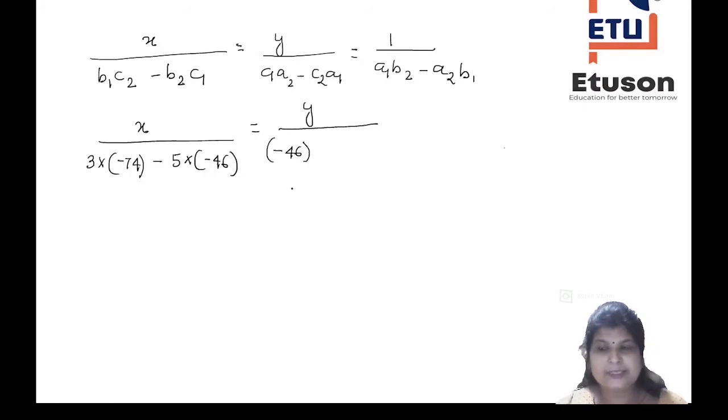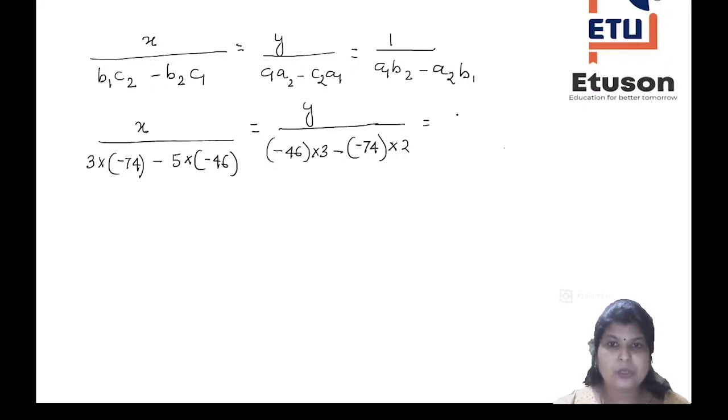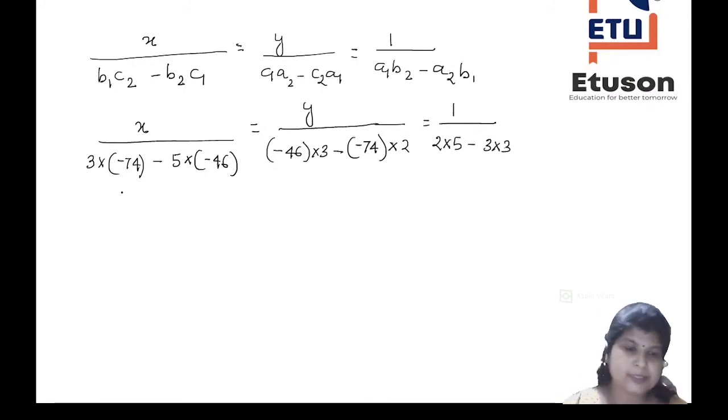So what is a2? a2 is equal to 3, minus, what is c2? c2 is equal to minus 74, into what is a1? a1 is equal to 2, that is equal to 1 divided by a1 into b2, that is 2 into 5 minus 3 into 3. Correct or not? So from this I can write down what x is.